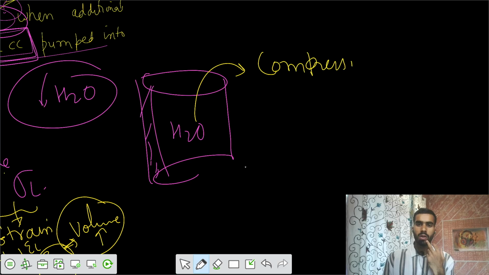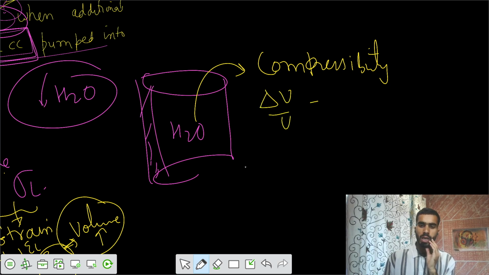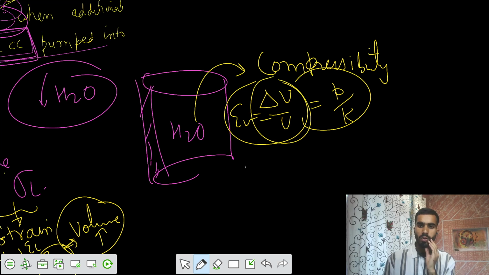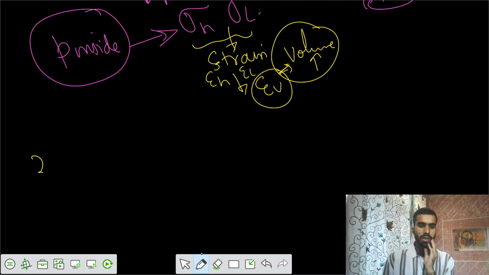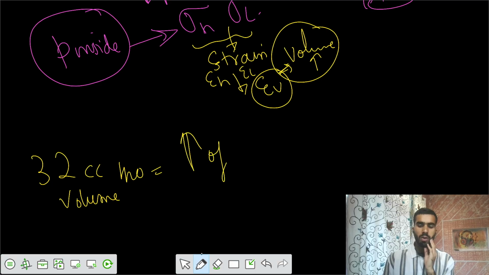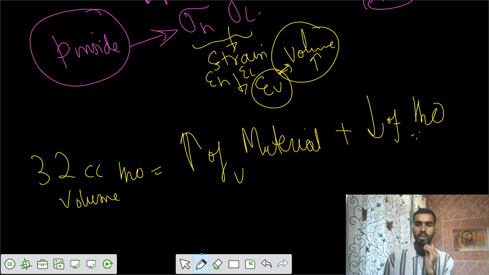Water has compressibility: dou V by V equals P by K, that is, strain equals stress by K. That's the change in volume, a decrease of volume with increase of pressure divided by K. So the extra volume of water added would be equal to the increase of volume of the material plus the decrease of volume of water because of compression.